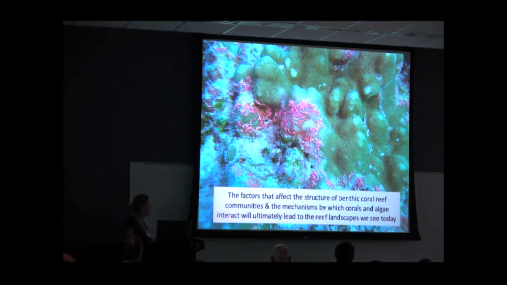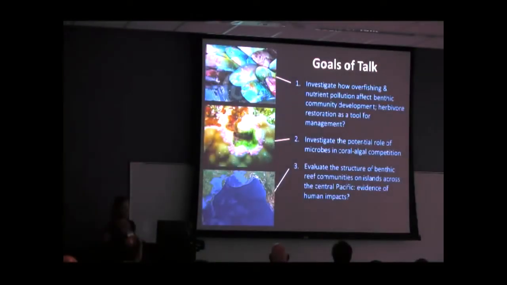I'm going to focus first on looking at some of the factors that affect the structure of benthic coral reef communities. Then I'm going to look at some of the mechanisms by which corals and algae interact, and then ultimately how these things lead to the structure of reef landscapes that we see today.